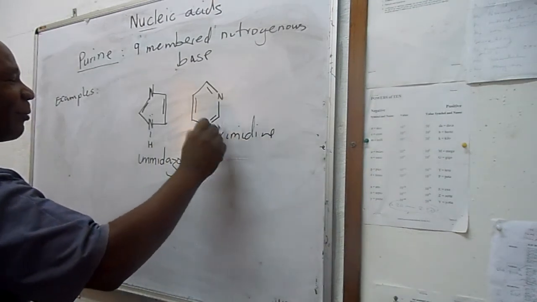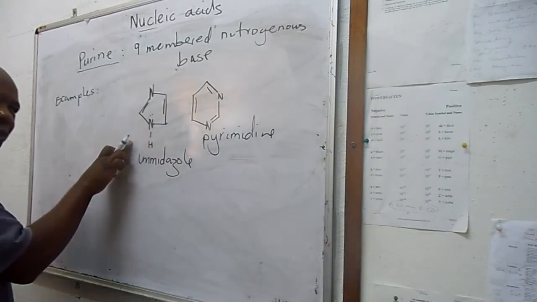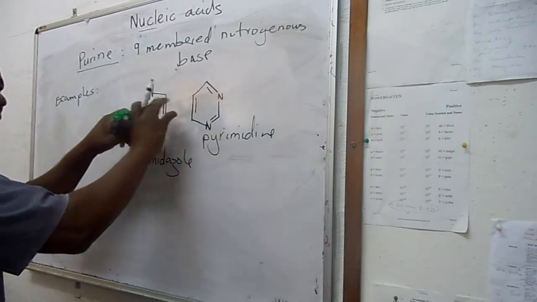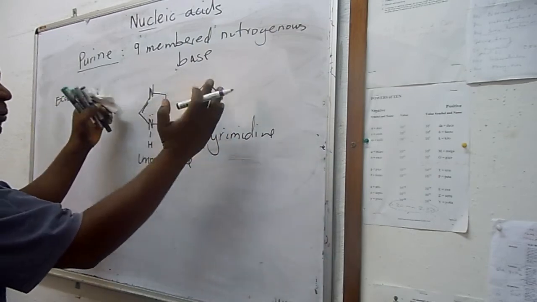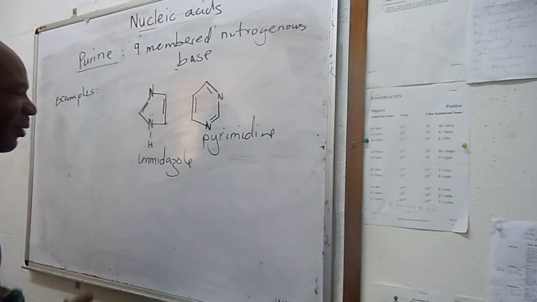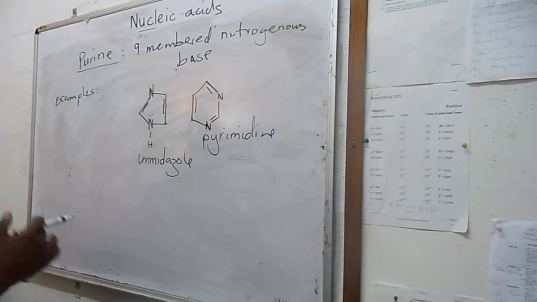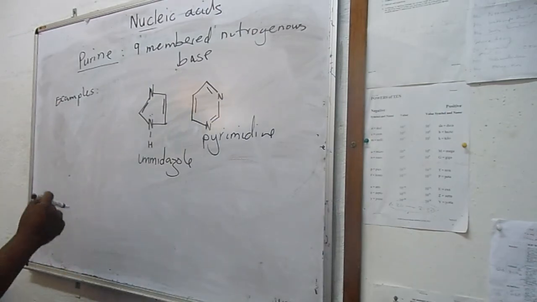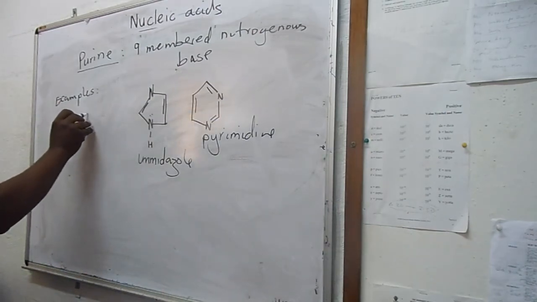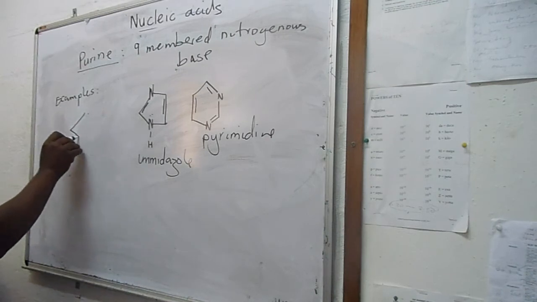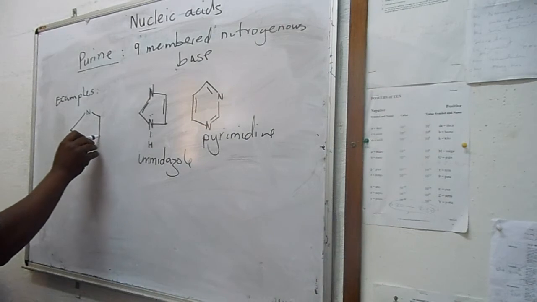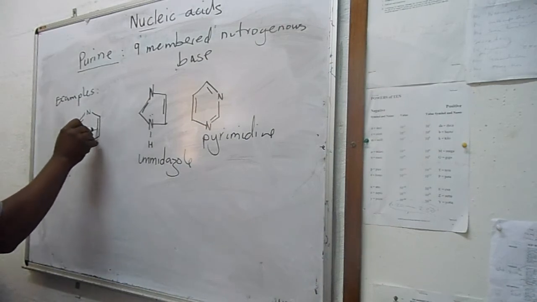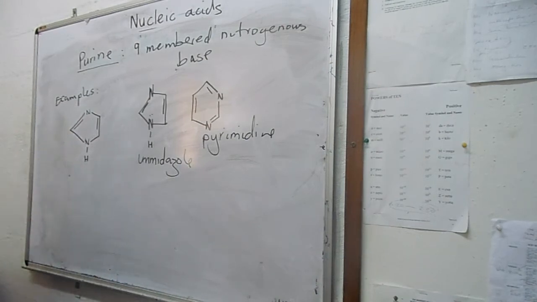So you have pyrimidine and imidazole. Fuse them together. Fuse the two rings so that you form a bicyclic compound. If you fuse them together, you have the nitrogen there and the nitrogen there. The hydrogen there.